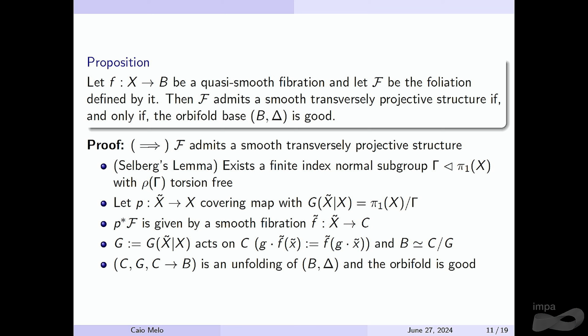And we take the covering with respect to this group, and the pullback will be given by a smooth fibration because of this torsion-free condition. And since G, the group of deck transformations, will act on C, the quotient will be our base B. And this will induce an unfolding for the orbifold we started with, which is the orbifold base of the fibration.